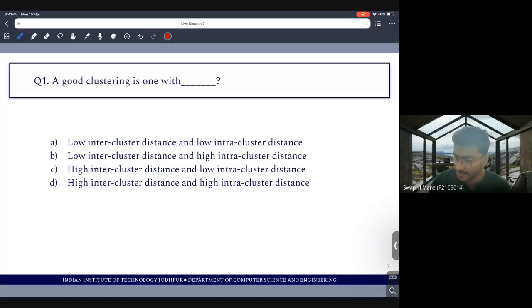So let's discuss it. This is actually an evaluation strategy. How can we decide whether the clusters we have found are good enough or not?